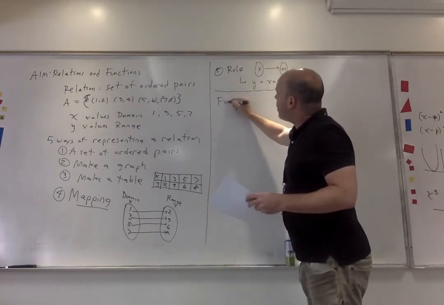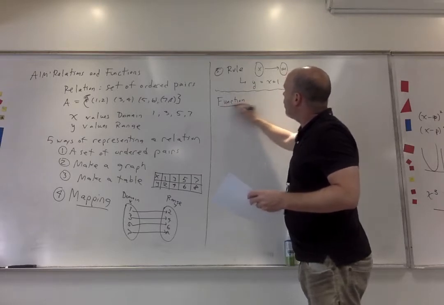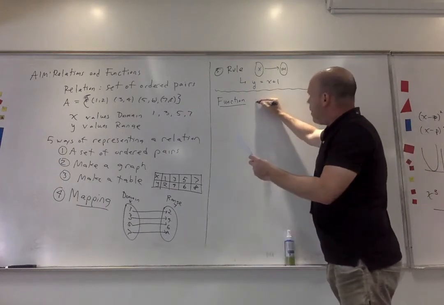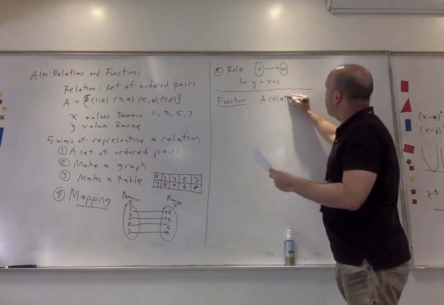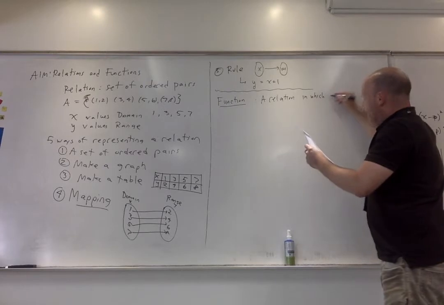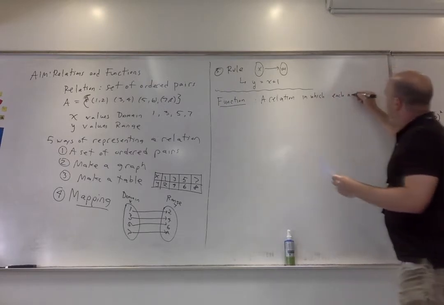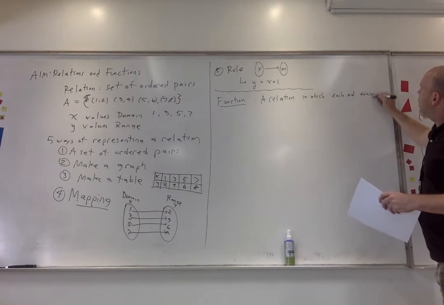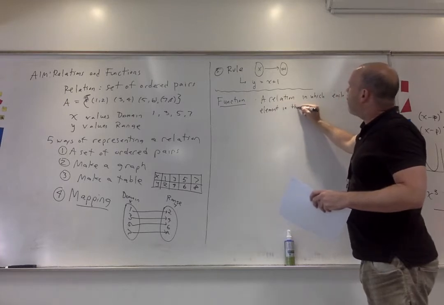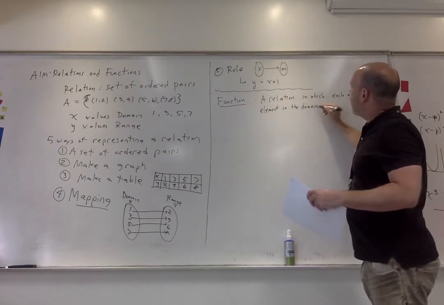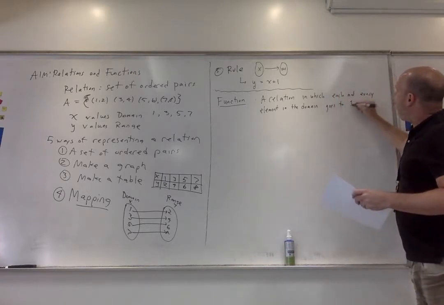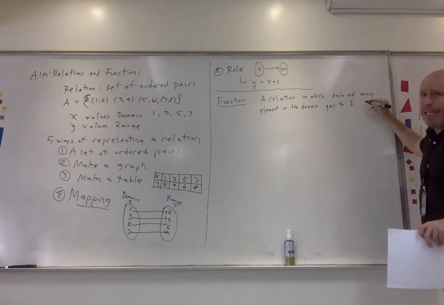Next thing we want to talk about in this class is something called a function. And you're going to need to get this definition down. A function is a relation in which each and every element in the domain goes to 1 and only 1 element in the range.